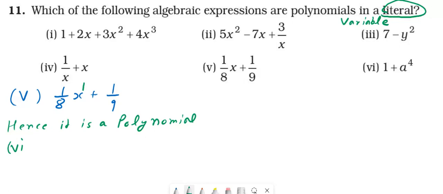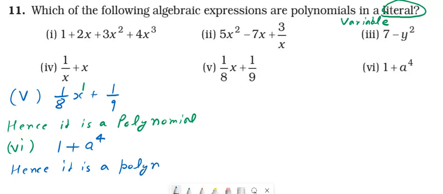Beta, it is written here 1 plus a raised to the power 4. Here, the power of a is 4. It means it is a whole number. Hence, it is a polynomial. Beta, I think the concept is clear.